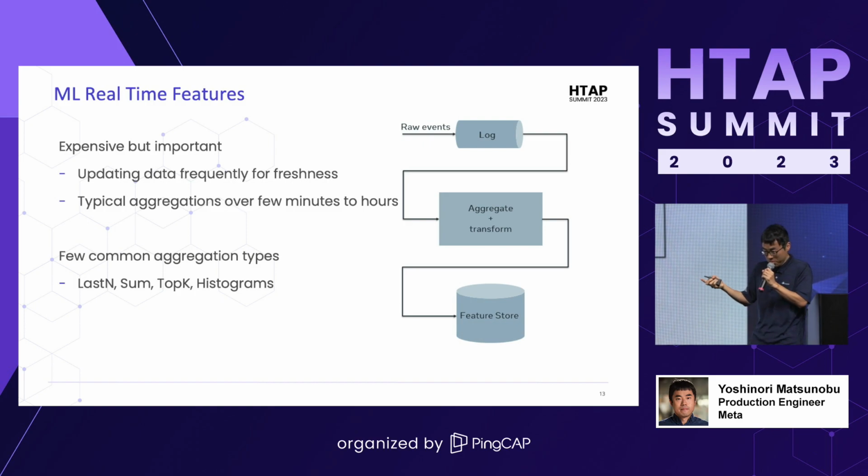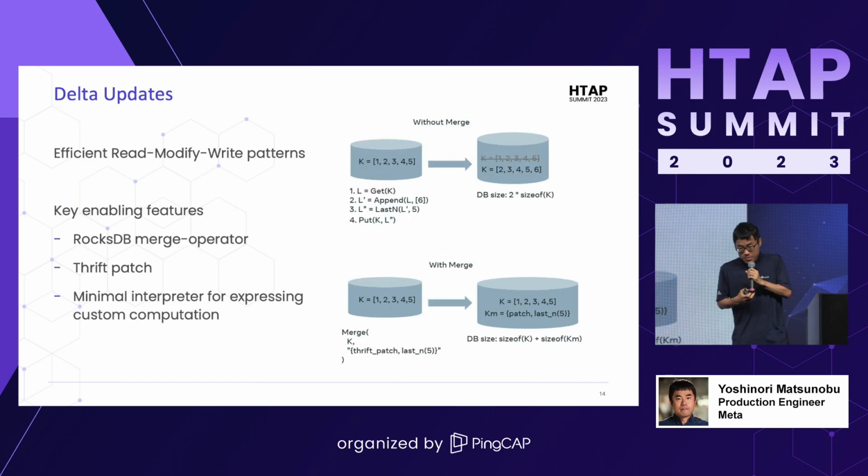So you need to aggregate the data often, then write to a feature store, and the feature store is ZippyDB for our major use cases. And the common aggregation types are like last n, sum, or top k. The typical problem of the last n type of operation is, suppose you think about the last 5 operations.